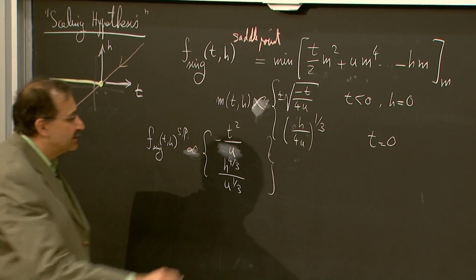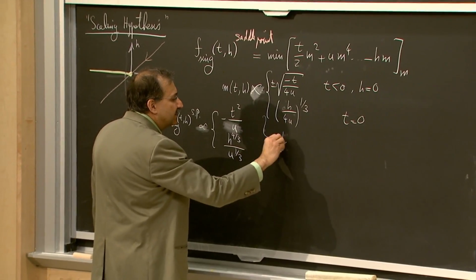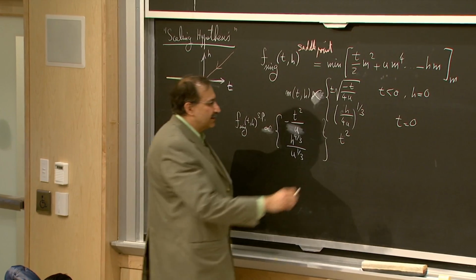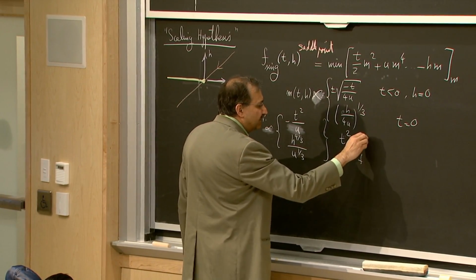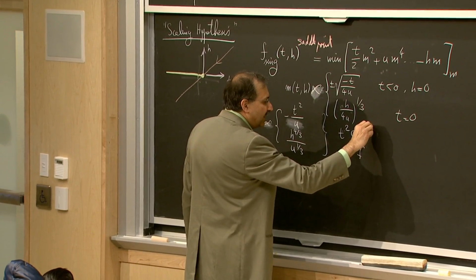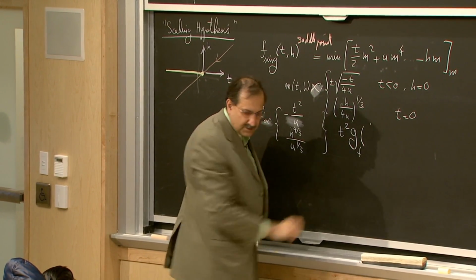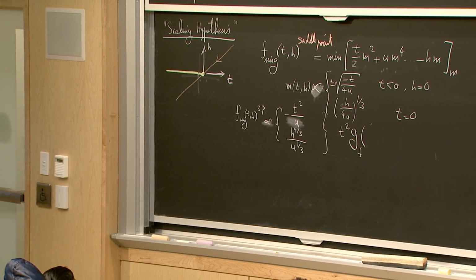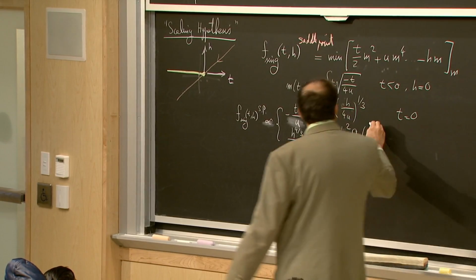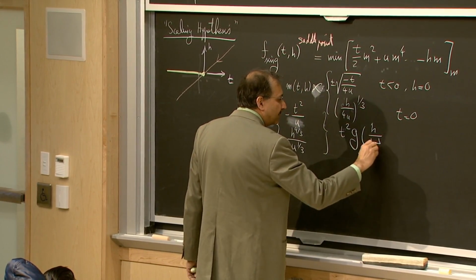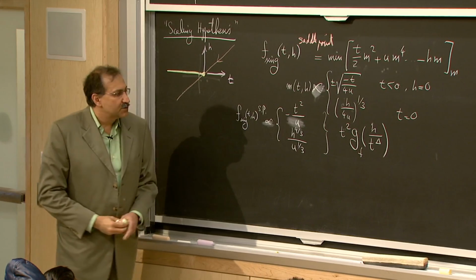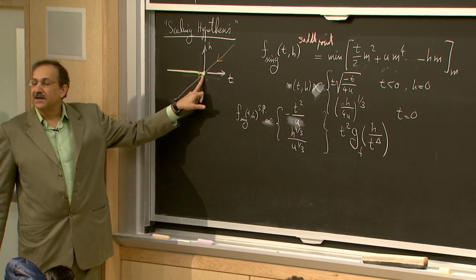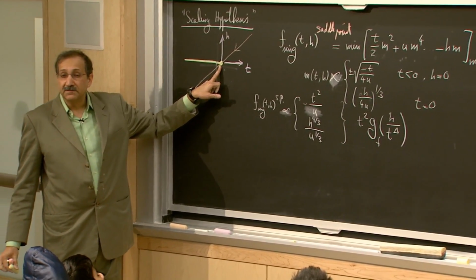I could, in some sense, capture these two expressions by a form that is t squared, and then some function, let's call it g sub f, which is a function of h over t to the delta. My claim is that I told you the behavior coming across these two different special directions.